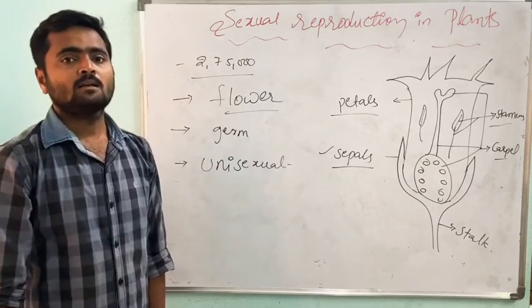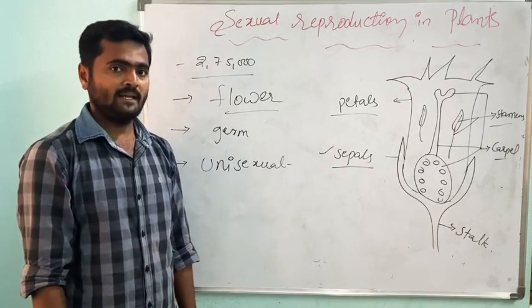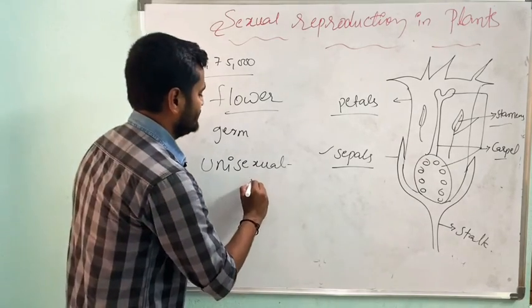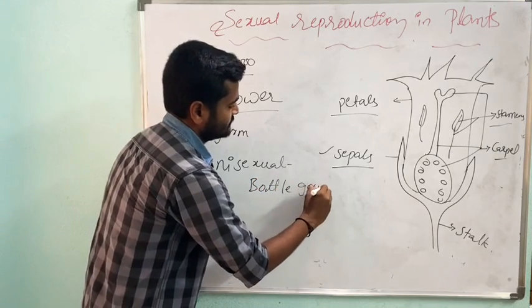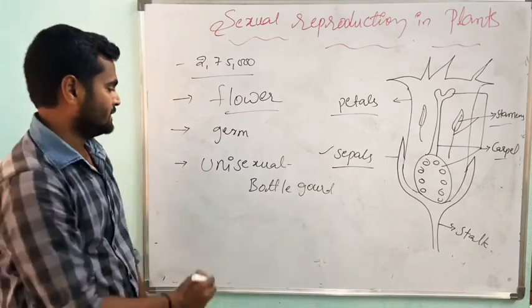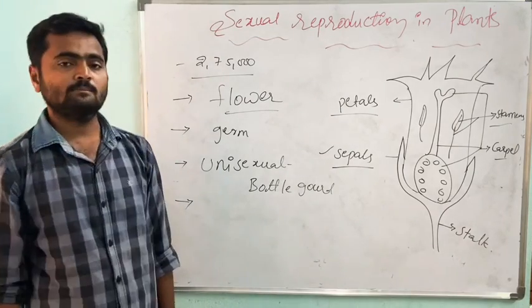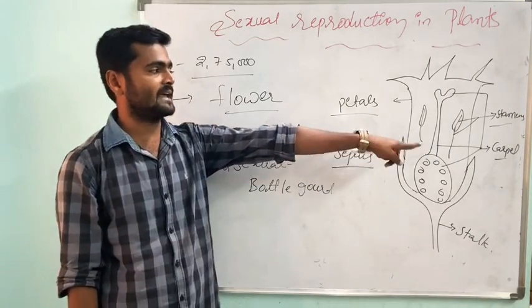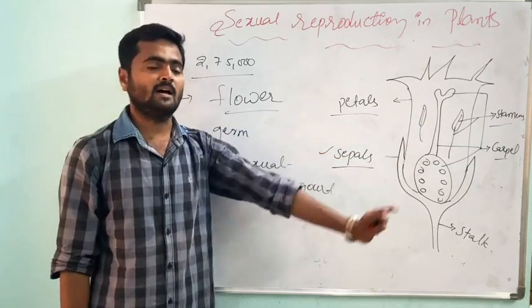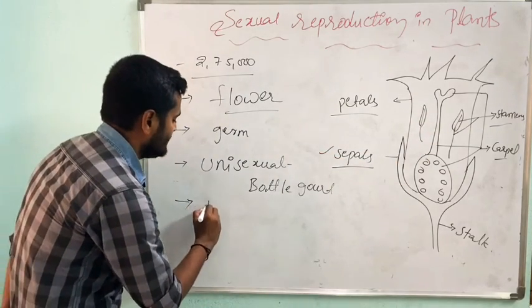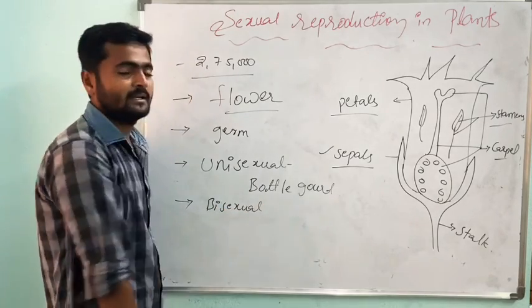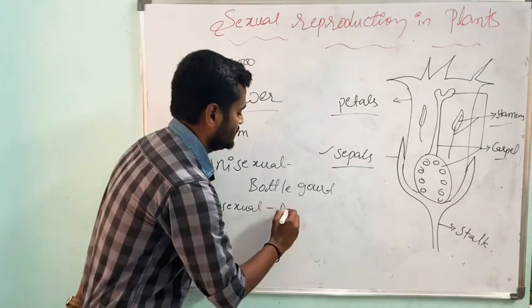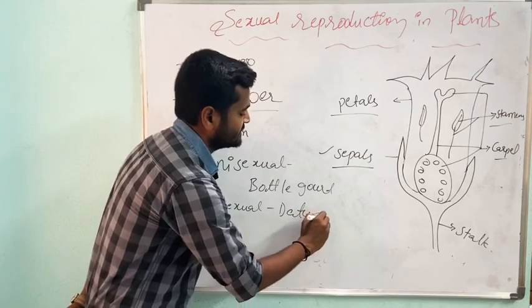Examples: bottle gourd, papaya, etc. And some plants contain both the stamens and carpel inside their flowers. Those are called bisexual flowers. Examples: datura, hibiscus, etc.